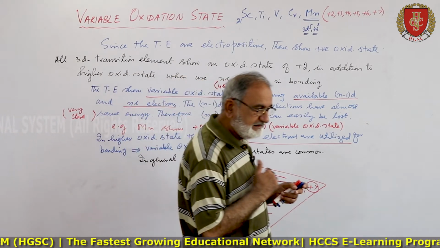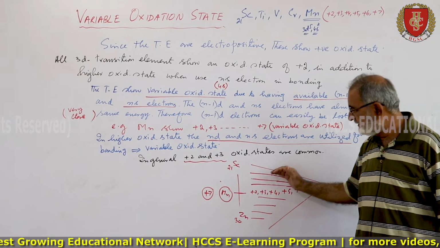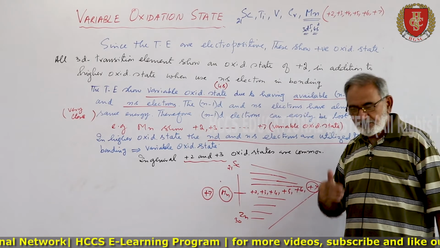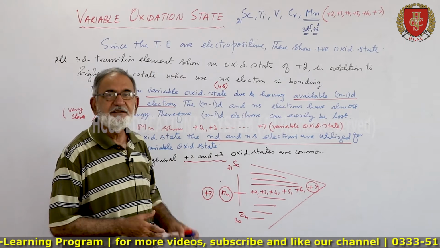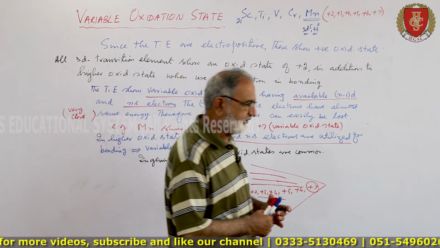So the oxidation state normally increases from +2 to +7 up to the middle due to the increase in the number of unpaired electrons. So that's why it shows variable oxidation states.